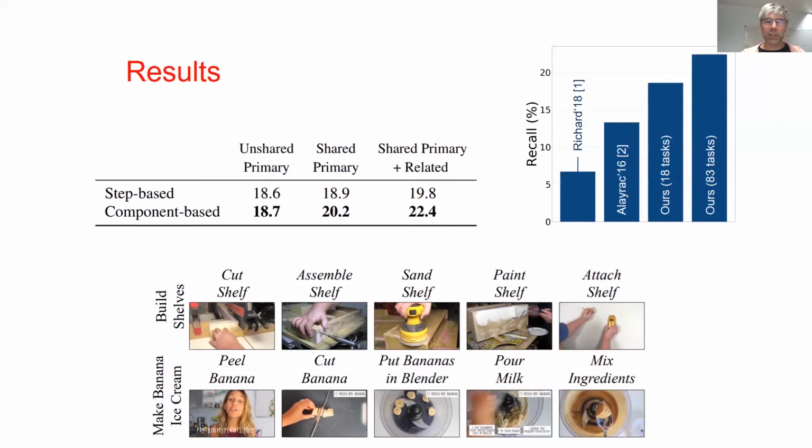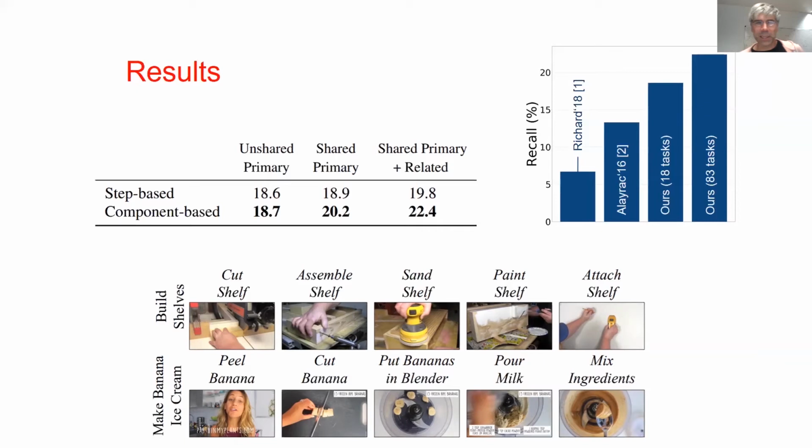So we are not doing any sharing, we are not benefiting from learning information across tasks. Shared primaries, we do sharing between tasks, but still learn just on the 18 primary tasks.